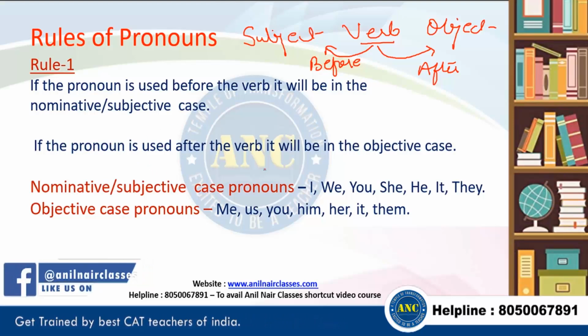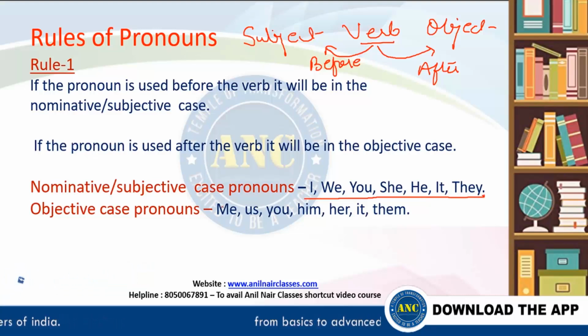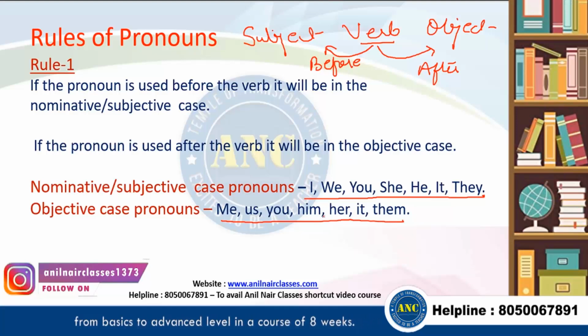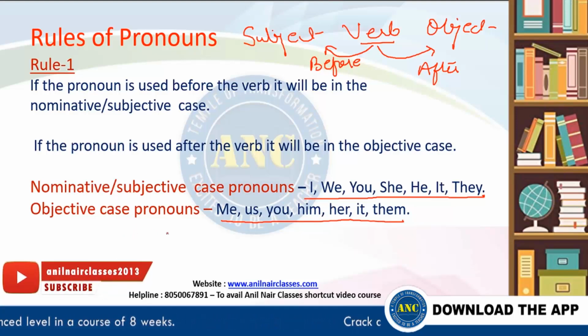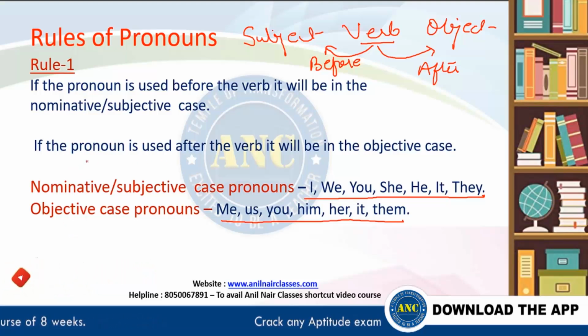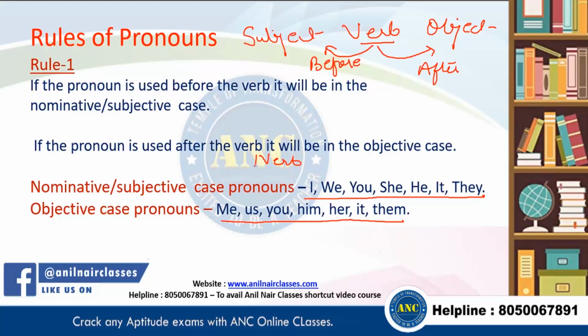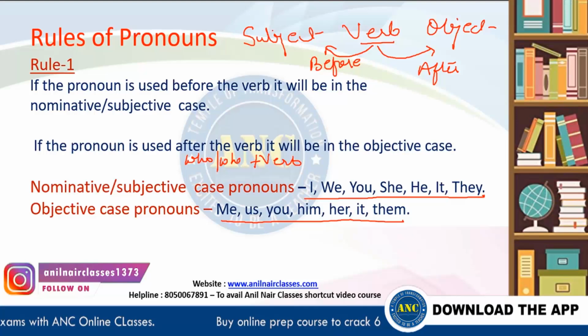The subject case pronouns are I, we, you, she, he, it, and they. The objective case pronouns are me, us, you, him, her, it, and them. Now how to find the subject and the object. To find the subject, you find the verb. Before the verb, you ask the question who or what.